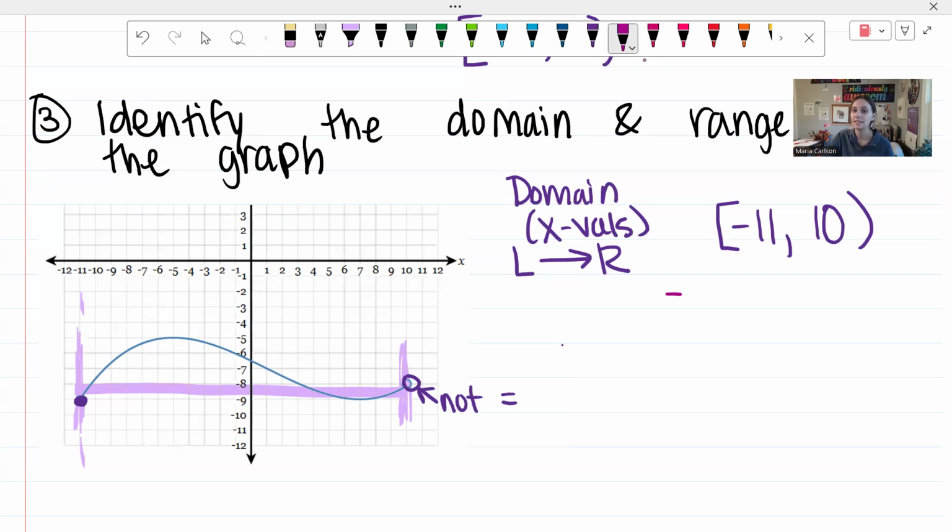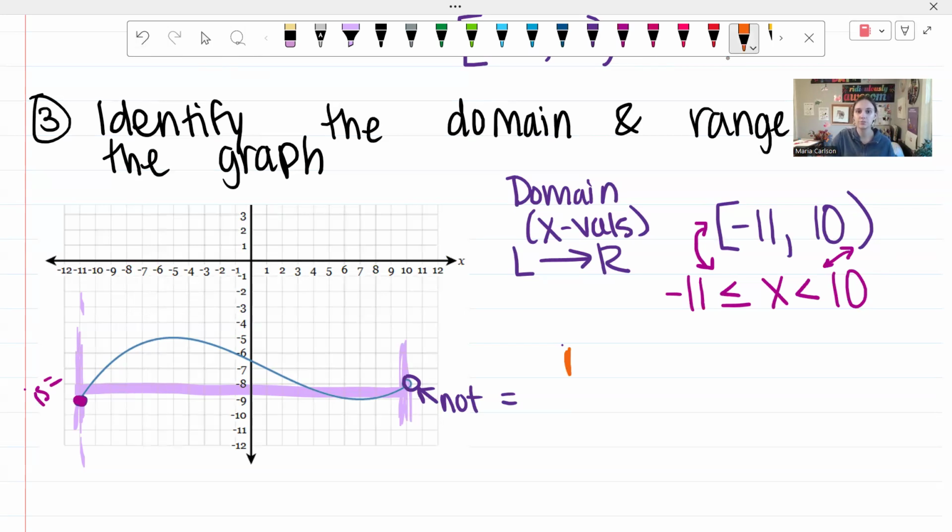I could say that -11 is less than or equal to x, which is just less than 10. I use the less than or equal to because I use the bracket because it is actually equal to over here. Whereas on the other side, it is not equal to 10, so I used just the less than symbol. All right, so those are two different ways I could write the domain.